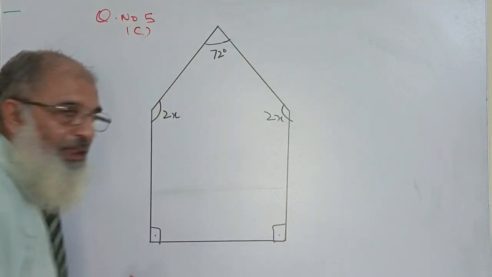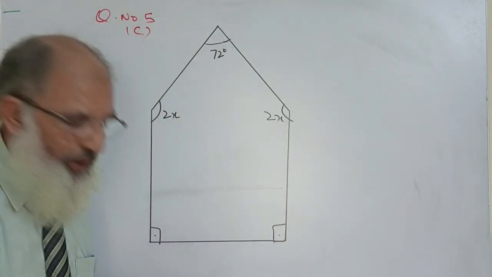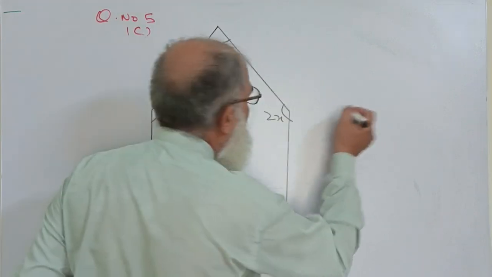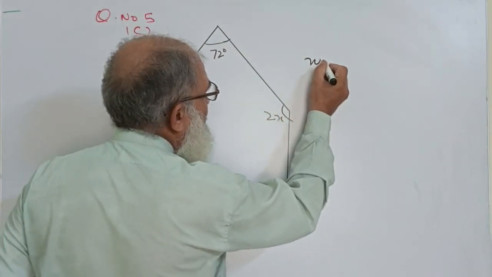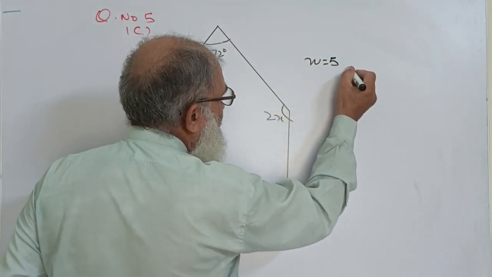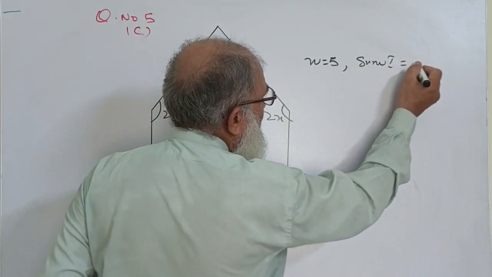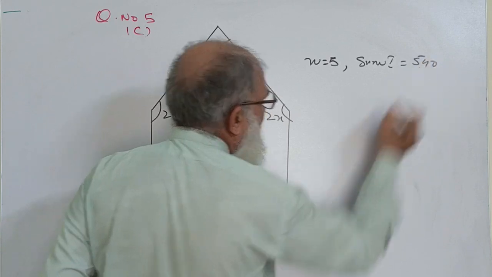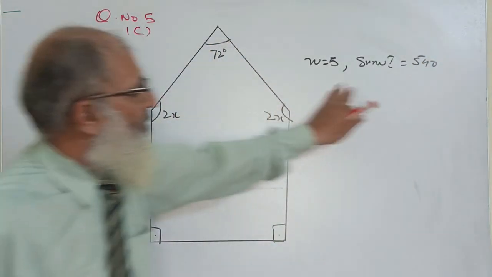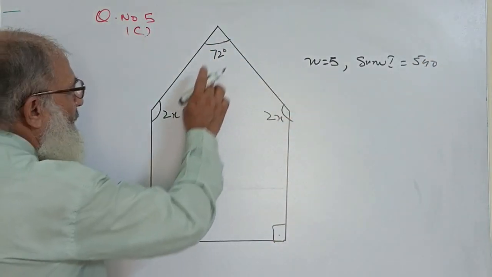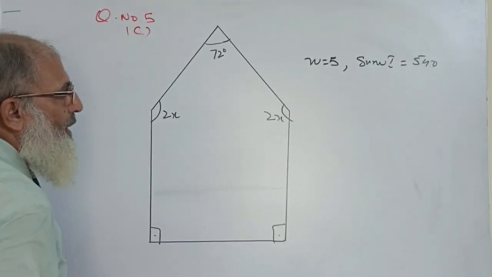The sum of the interior angles of a pentagon is 540 degrees. I have already told you that. Now n is equal to 5, so therefore the sum of interior angles is equal to 540. So this we have inferred from this figure. Okay.